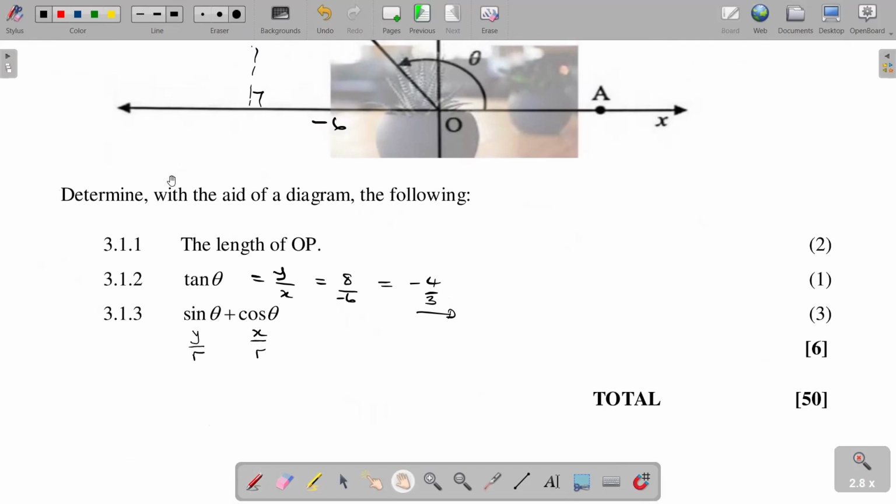Y we found to be 8, so it's 8 over r, which is 10, plus x, which is minus 6 over 10. So our answer is 8 over 10 minus 6 over 10, which gives 2 over 10, equal to 1 over 5.